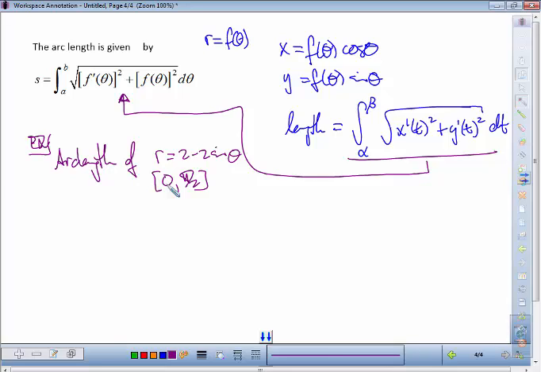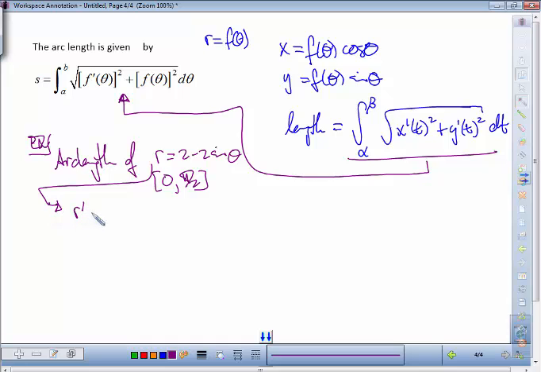All right. So again, since we have the formula already set up here, there's really nothing much to do aside from plugging it in. You have your r, that's f of theta, and then you need the derivative, and then you just plug it into the formula. So let's do that.